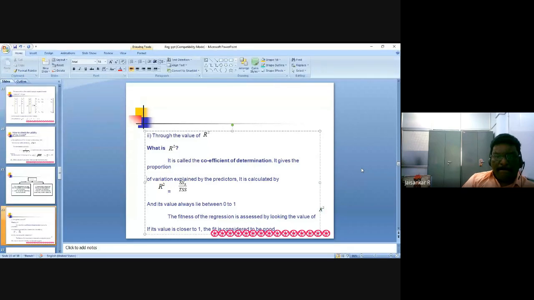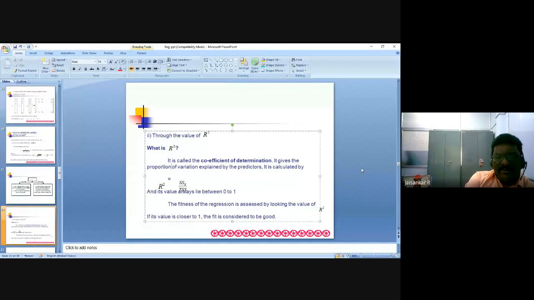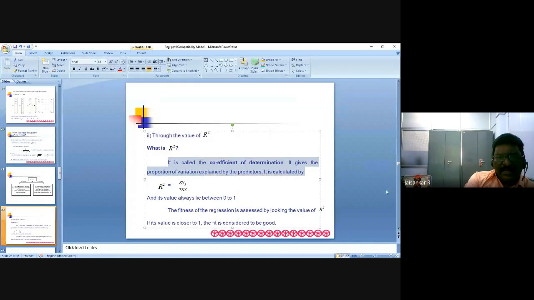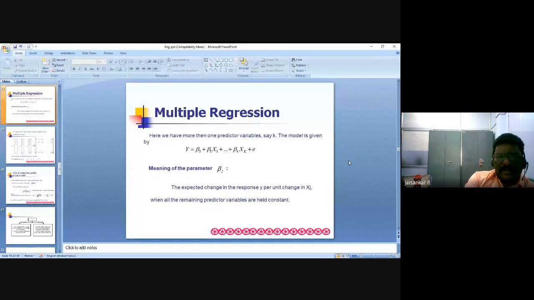For example, we may have many x variables in multiple regression. If the coefficient of determination is 0.99, it means 99% of the variation is contributed by all the x values taken for our study.